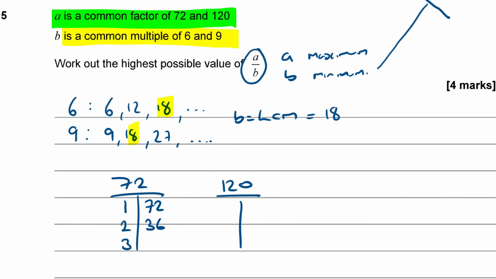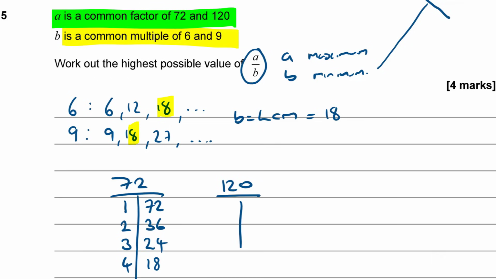So 3 and 24. 4 and, that's got to be 18, isn't it? 5, no, 6. Yeah, 6 goes into it. 6 and 12. 7, no, 8, yes. 8 goes with 9. And look, I've met myself coming down the other way, so that's as far as I'm going to get. So quite a lot of factor pairs of 72.